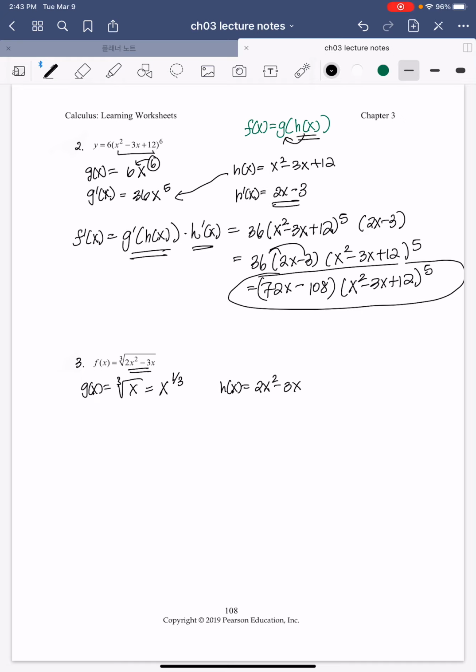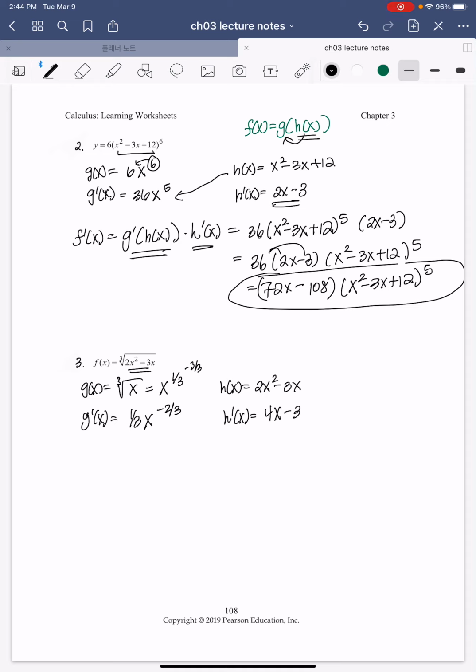All right, and then let's keep going. So g prime of x will be 1/3 x, and we subtract 3 over 3, in other words 1 whole, which gives negative 2/3. h prime of x is 4x minus 3.